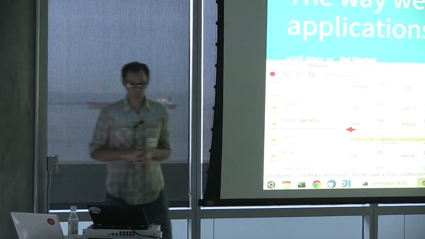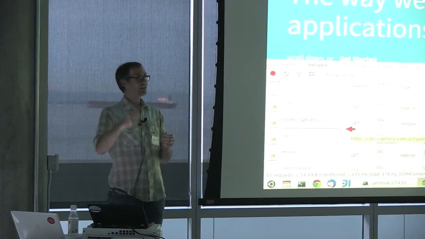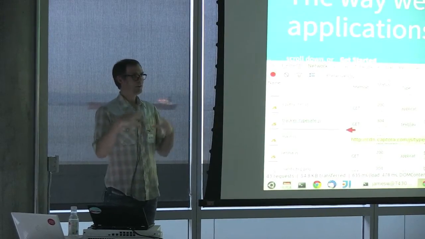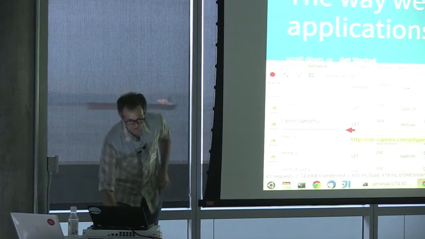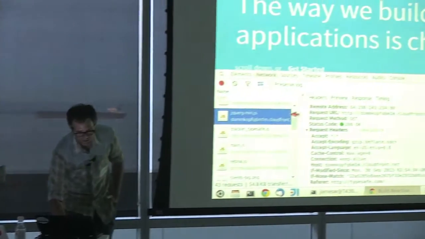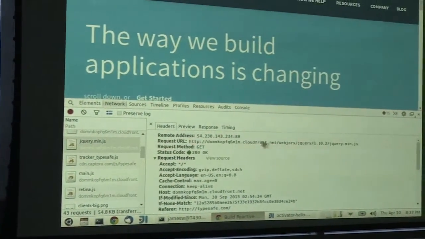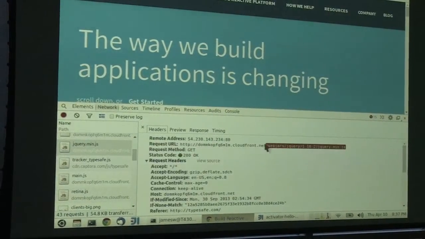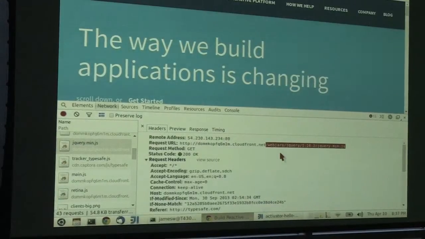And then when we deploy this onto our production server, there's a setting that says don't get these static assets from typesafe.com. Instead, get them from our CDN. And so if we look at jQuery here, the URL to jQuery is our CDN, which is on CloudFront. And then the rest of it is the same URL as what's available on typesafe.com.